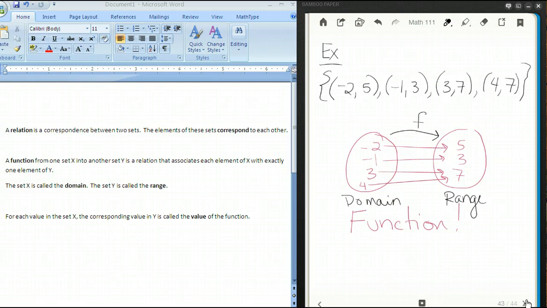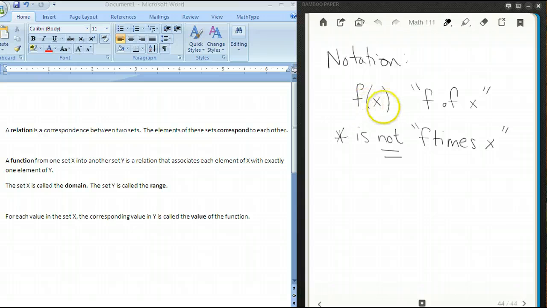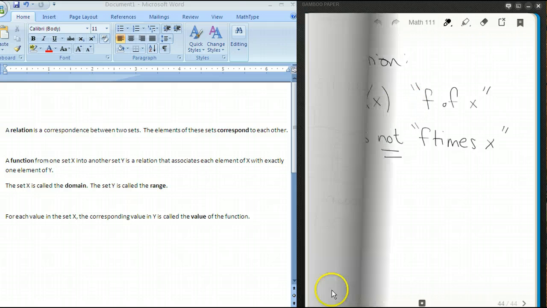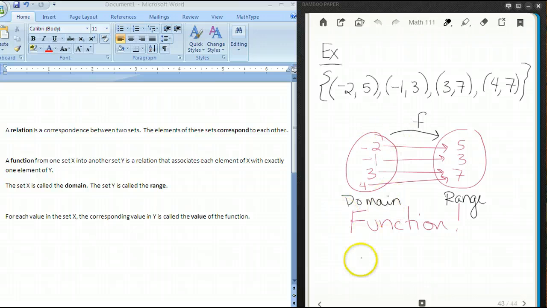And so when I write something like f of x, then what I'm really doing is saying, well, this is going to be the value that x corresponds to. So, for example, the y value that x corresponds to. So, for example, back here, I could have said something like f of -2 equals, and I could say, so the value of the function, right? So what does -2 correspond to under the function f? -2 corresponds to 5, and that's written just like this, right?